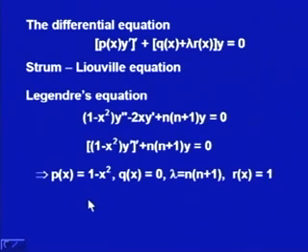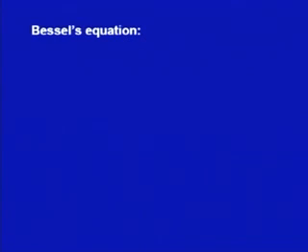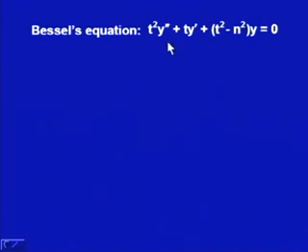Similarly, Bessel's equation, which you had already done in the series solution, is also a Sturm-Liouville equation, but that requires a little bit of calculation. Let us write this Bessel equation in y and t: t square y double dash plus t y dash plus (t square minus n square) y is equal to 0. Let us change the variable t to kx. Then y dash and y double dash would also change.